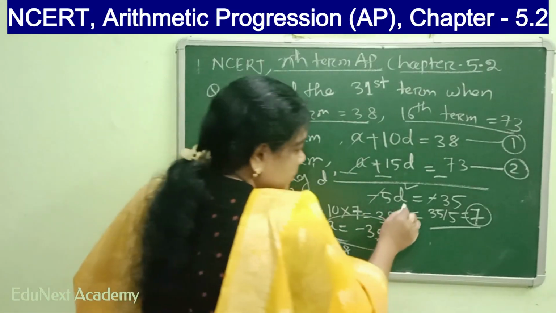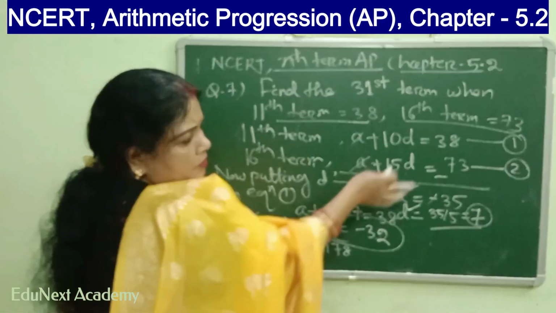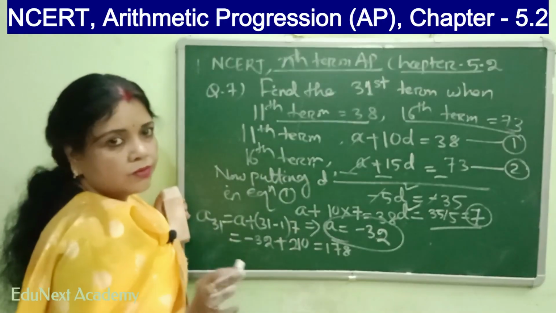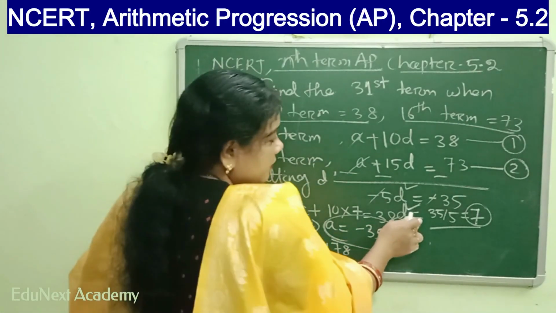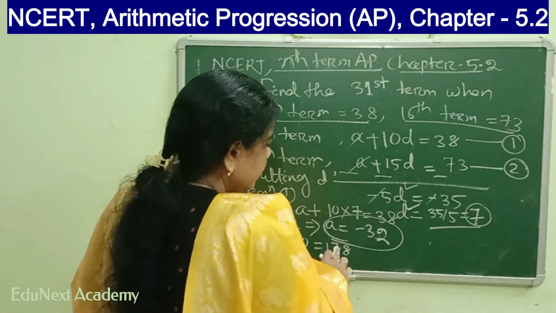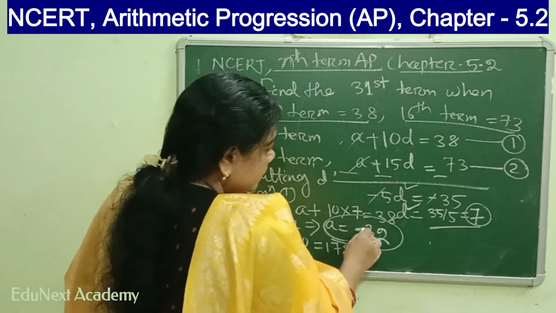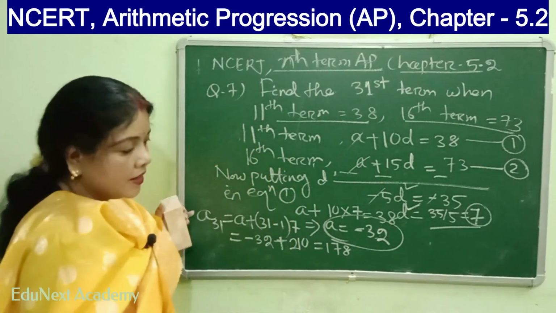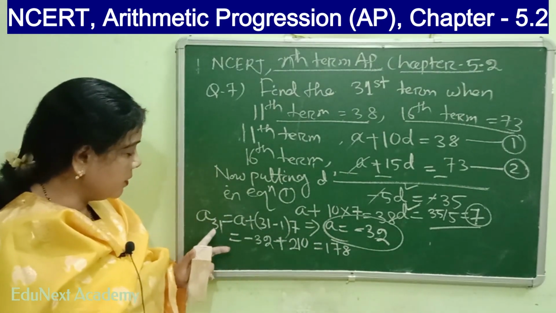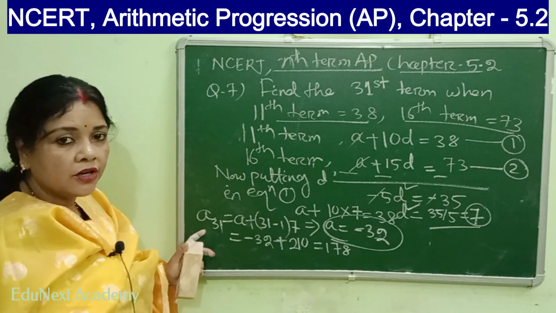Now putting this value of d in either of the equations. I have put this d in equation 1. You can also put the d value in equation 2. And I got the a value as minus 32. I got two important things required for finding the nth term.